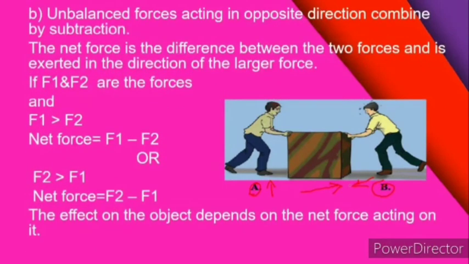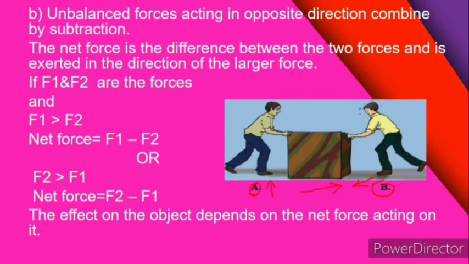If B has more force, then the object will move in this direction. Correct? So in this case, since the force is being applied in the opposite direction, the forces get subtracted. But it depends upon how much force is applied in whichever direction. If this one has more force, the object will move in this particular direction.